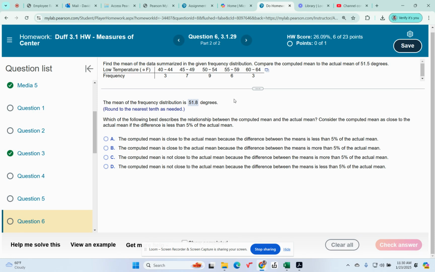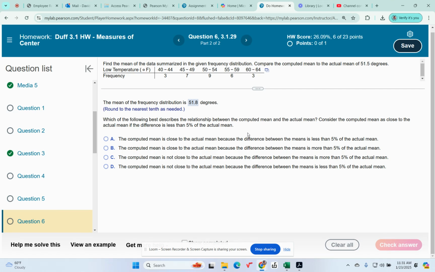So they're asking whether the difference between the means is less than 5% of the actual mean. All right, so the way that we would calculate that is we would want to figure out what percentage of 51.5 the difference of 0.3 is.